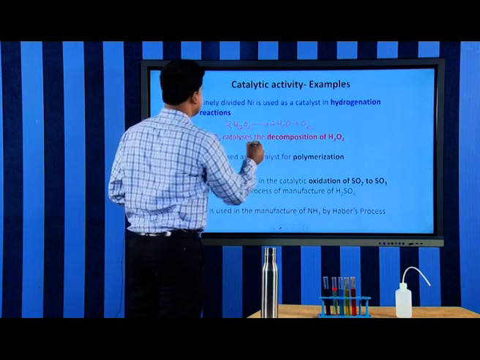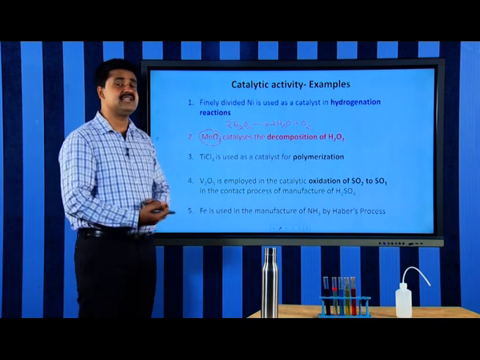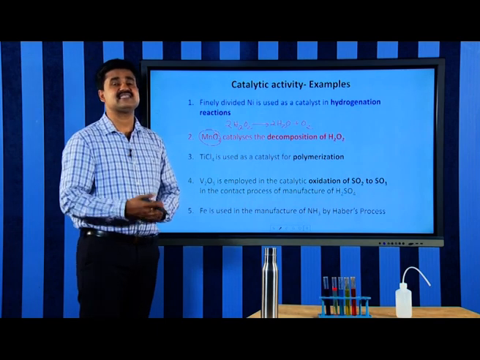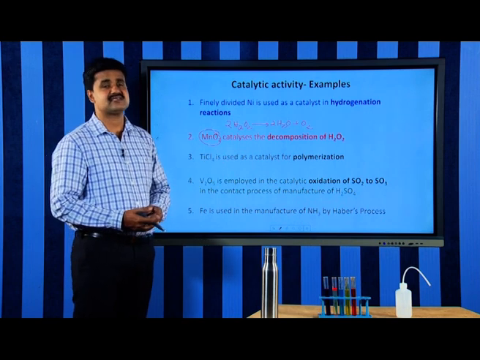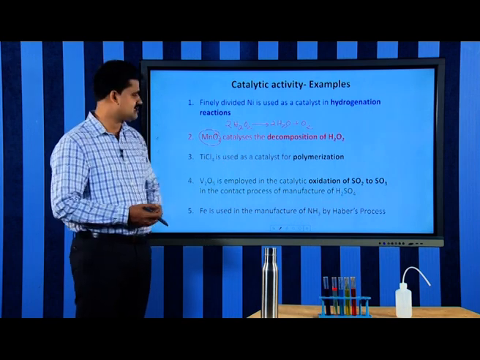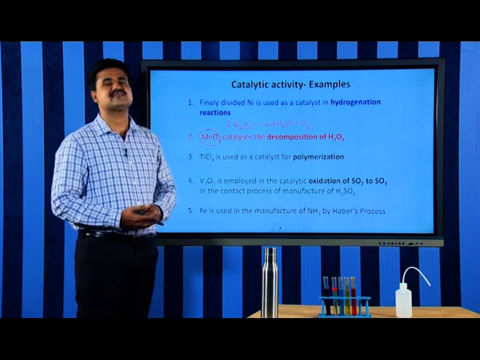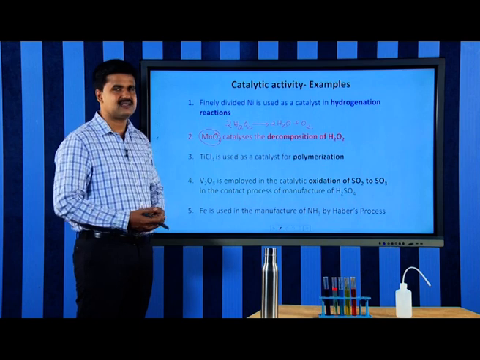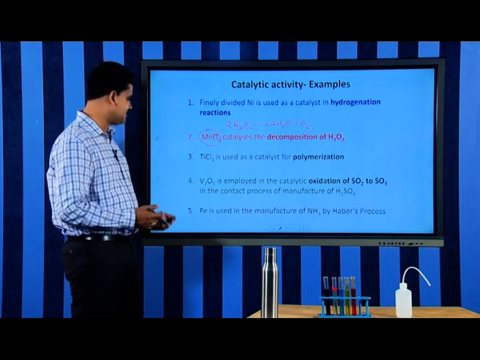This reaction is catalyzed by MnO2. Titanium tetrachloride, simply known as the Ziegler-Natta catalyst, is highly useful in the polymerization reactions of alkenes. Vanadium pentoxide is used in catalytic oxidation of SO2 to SO3 for the contact process in the manufacture of sulfuric acid.